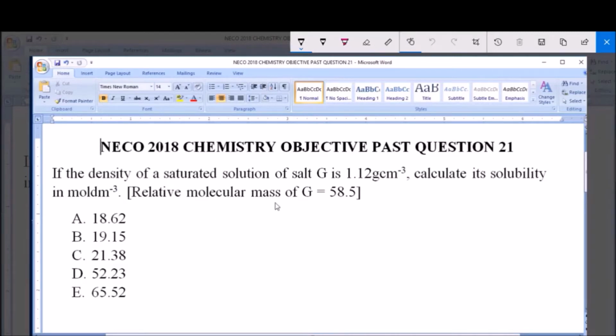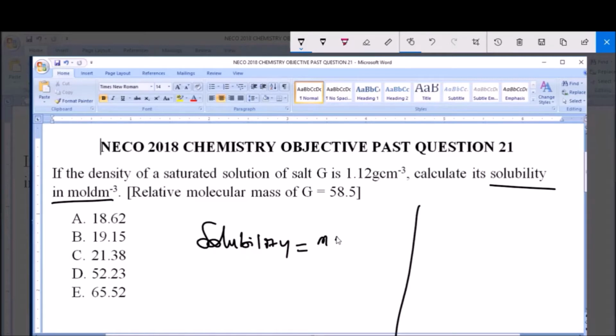Now we're asked to calculate the solubility of this saturated solution of salt in mole per dm cube, and solubility is equal to the given mass over the molar mass, multiplied by 1000, which is a standard volume, all over the given volume.